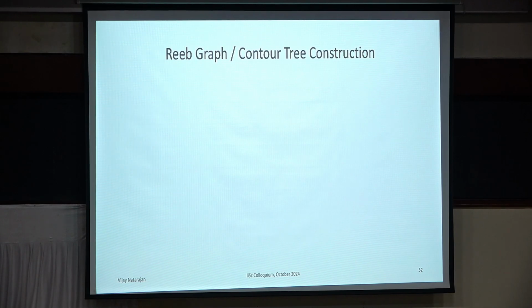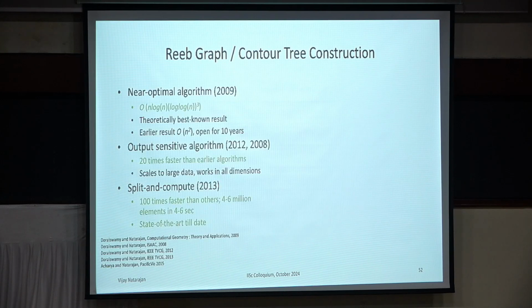Right, so computing the Reeb graph is also an important problem that has been studied over the past 20 years. And we have made several contributions on this front, beginning with a near optimal algorithm that would run in n log n time, where n is the size of the input. This was at that time the theoretically best known result.